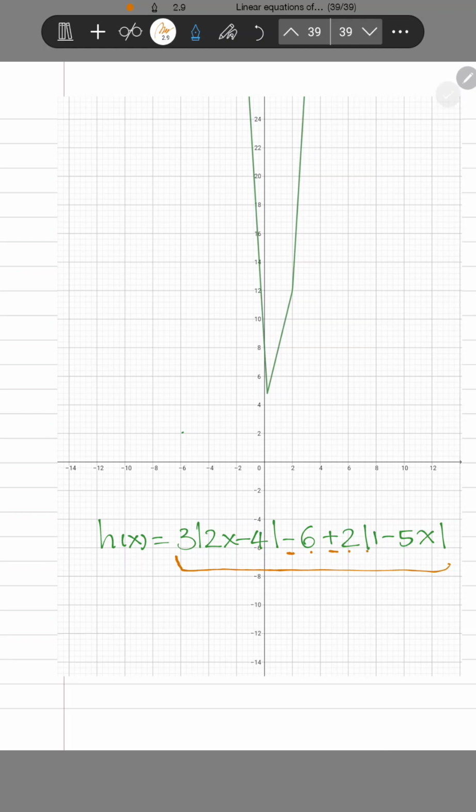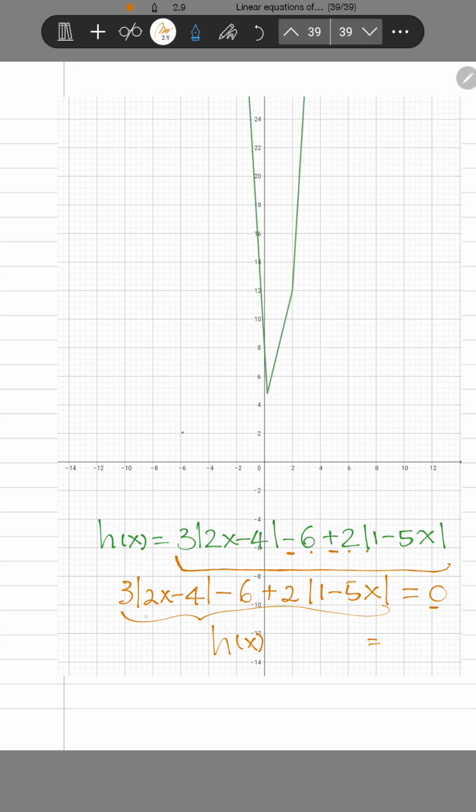So instead of those two to equate, I collect everything to the left: 3 times |2x minus 4| minus 6 plus 2 times |1 minus 5x|. What I have left on the right side is just nothing, 0. Now this is just one graph, h of x, and the other graph, which is the x-axis.